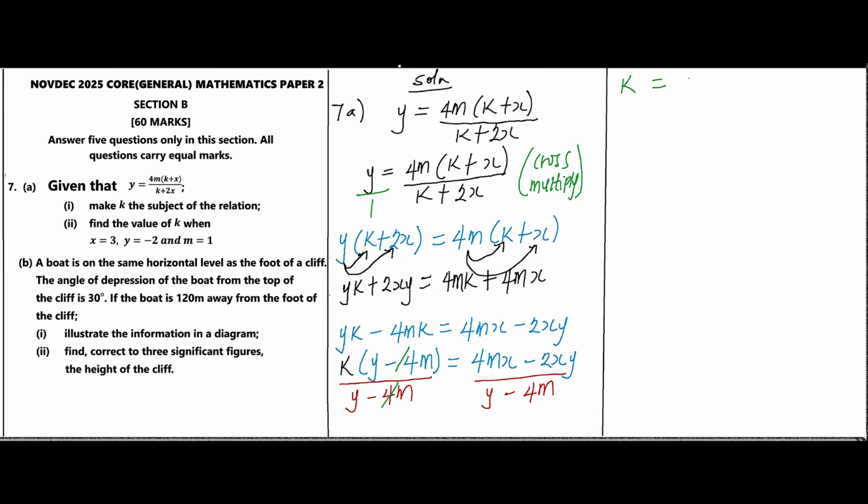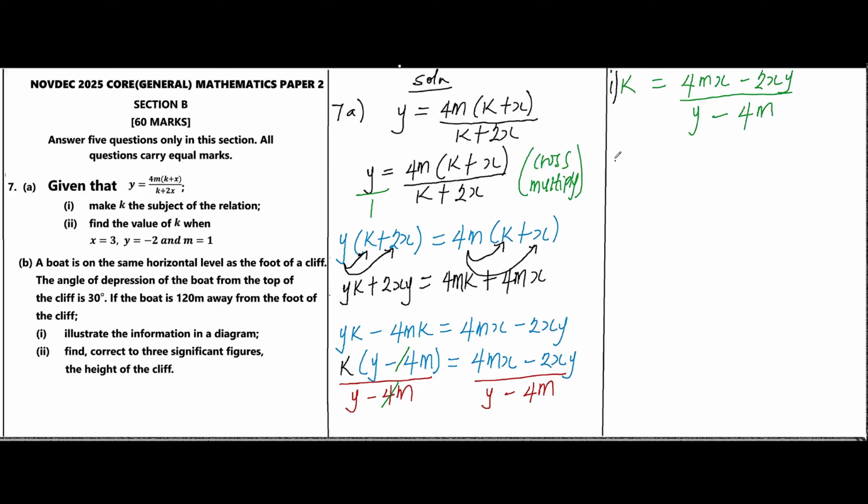So we have 4mx minus 2xy all on y minus 4m. So that is for the I part of the question. We've made k the subject.